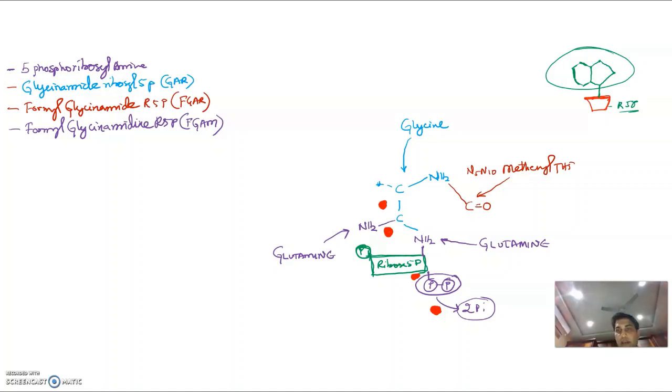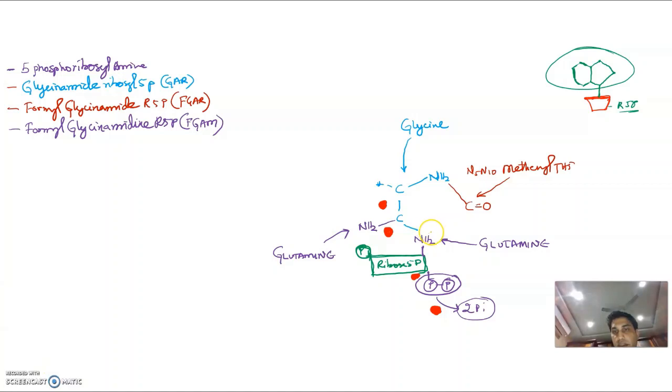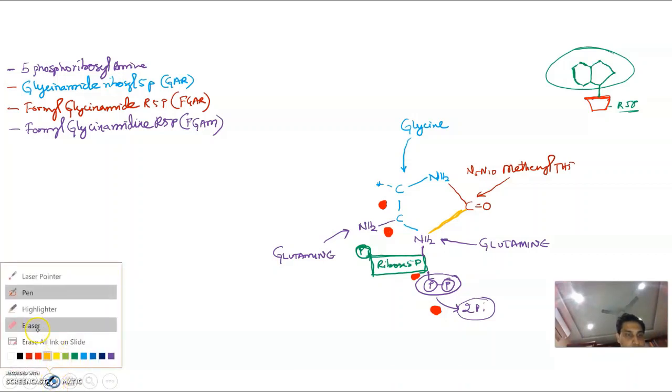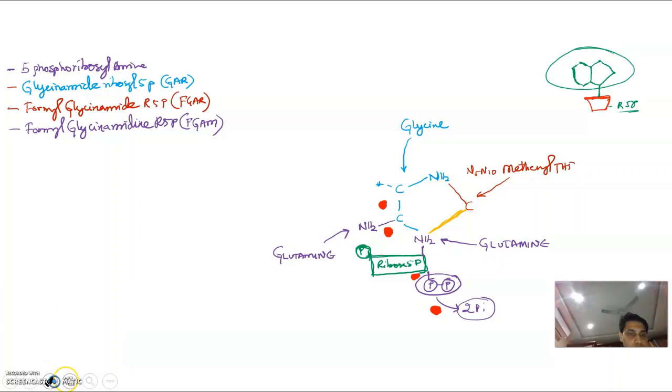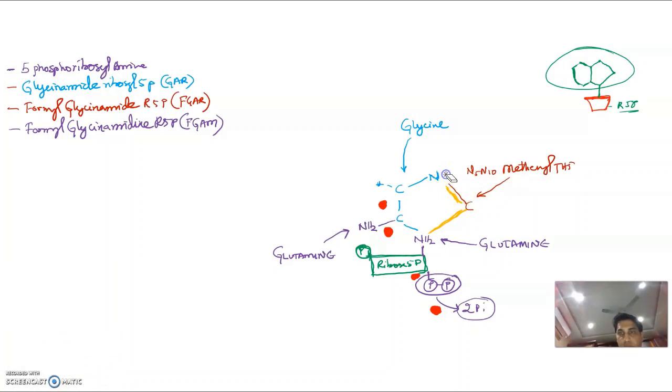Next, in the next reaction, there is cyclization of this compound, and it forms an imidazole compound, wherein this water is removed and a double bond is formed.